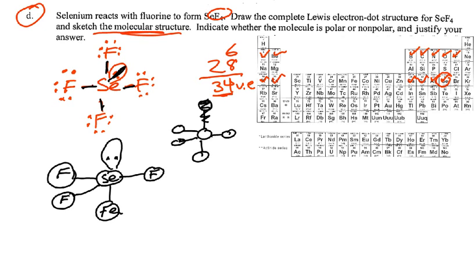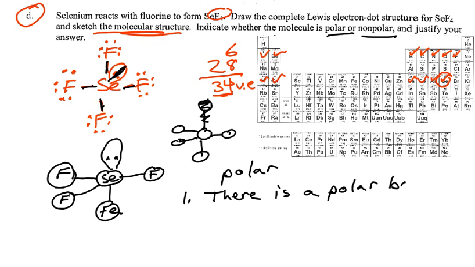Then they say indicate whether the molecule is polar or nonpolar. I'm going to say that this molecule definitely is polar. And they want to know why. And you remember there are always 2 reasons. The reason it's polar is, 1, there is a polar bond. And our polar bond, by the way, is Se-F.